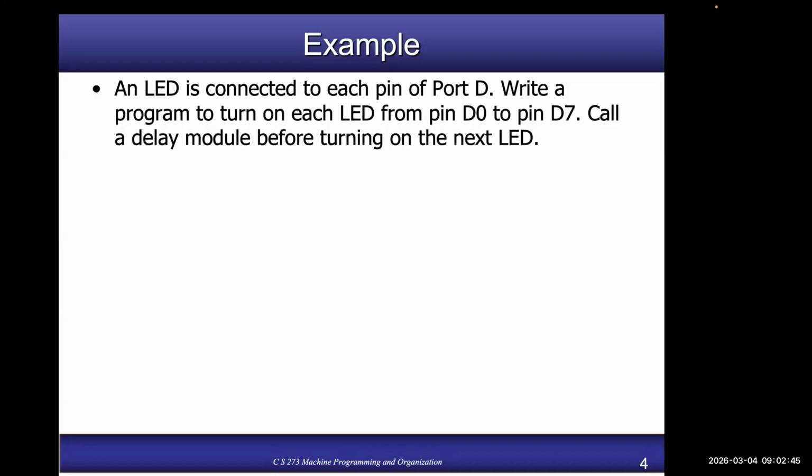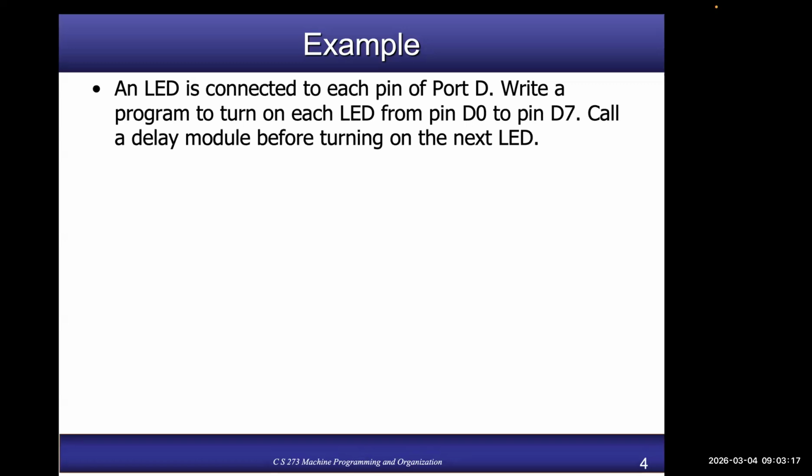We want to see that the LED connected to pin D0 is switched on, then after some delay, the LED connected to pin D1 is turned on, and then after some delay, the LED connected to D2, and so on. We assume that we also have a function available, which we are naming delay, so we can simply call that function to insert a delay between switching on two consecutive LEDs.